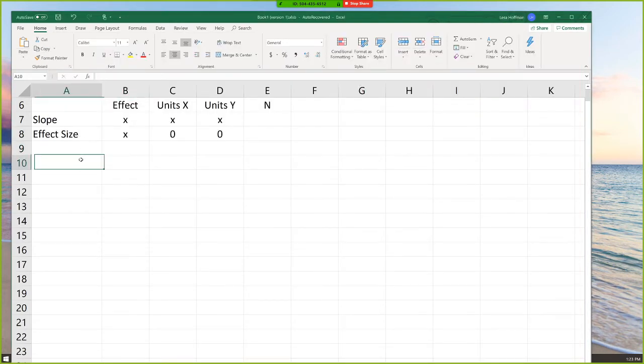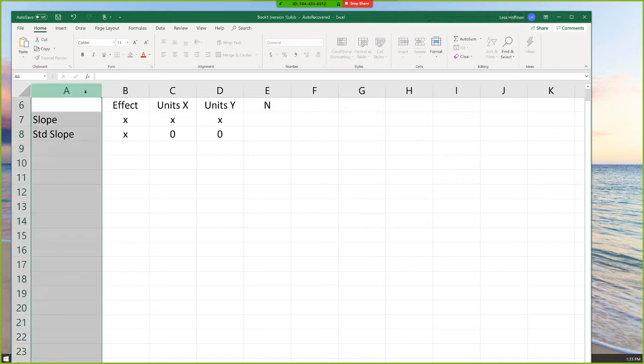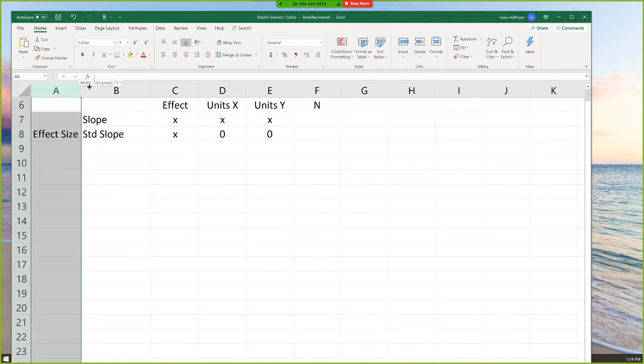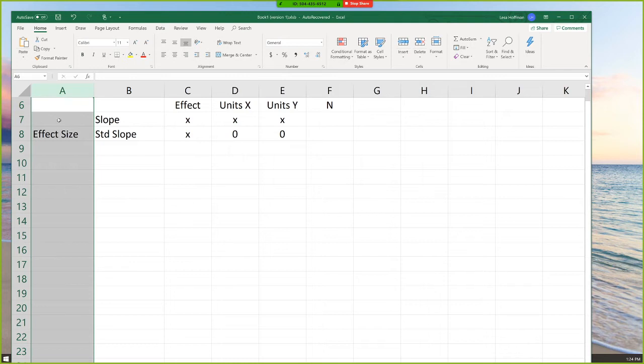Effect size. So in the context of linear models, we have our unstandardized slope. That's in units of y per units of x. It has nothing to do with sample size.